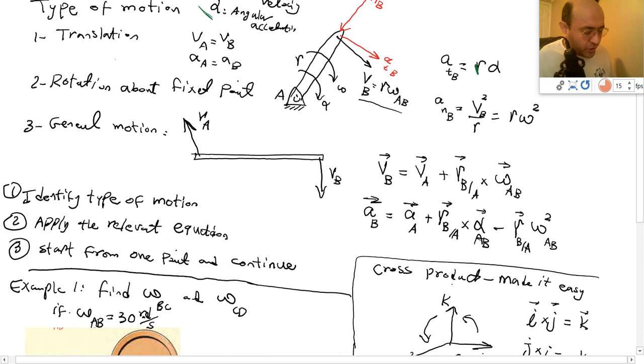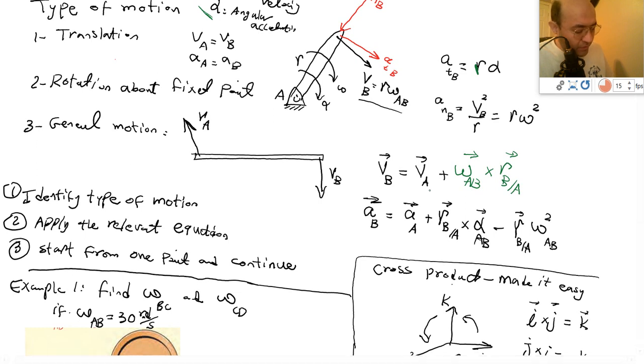Now, in case of general motion, like in this picture, if we know the velocity of A, how can we find the velocity of B? We can say the velocity of B is equal to the velocity of A plus, again, down here I have a mistake, I need to correct it. That's actually omega cross R, not R cross. So it will be omega AB cross R of B with respect to A. So we say the velocity of B is the same as the velocity of A plus the rotation part of it.